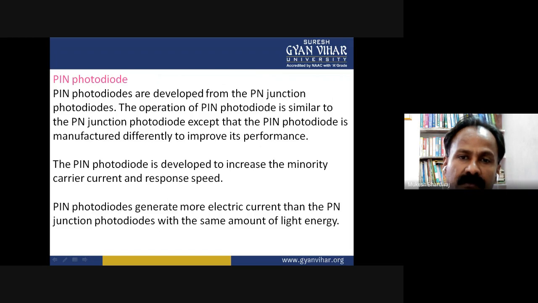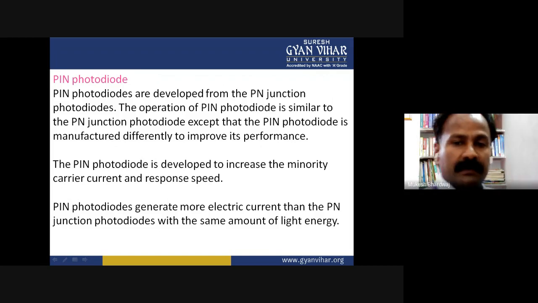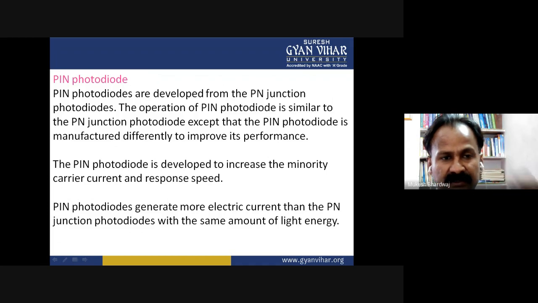Pin photodiode. Pin photodiodes are developed from the p-n junction photodiodes. The operation of pin photodiode is similar to the p-n junction photodiode, except that the pin photodiode is manufactured differently to improve its performance.